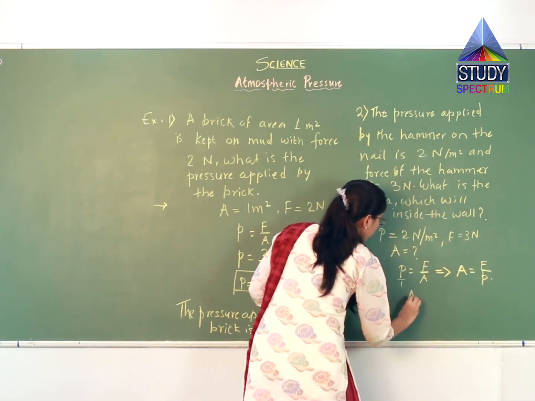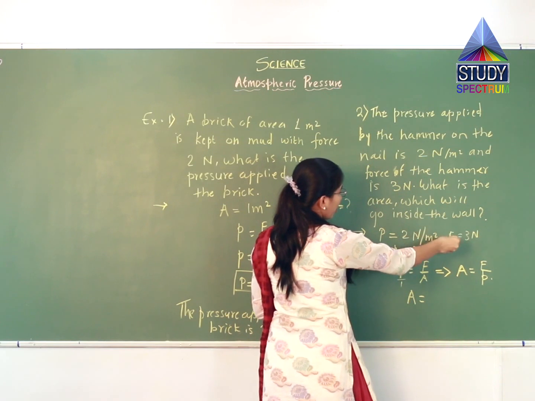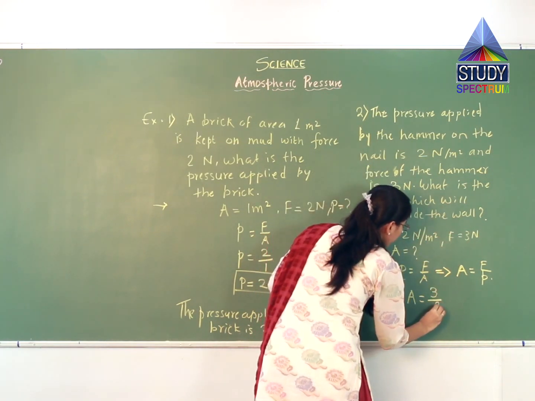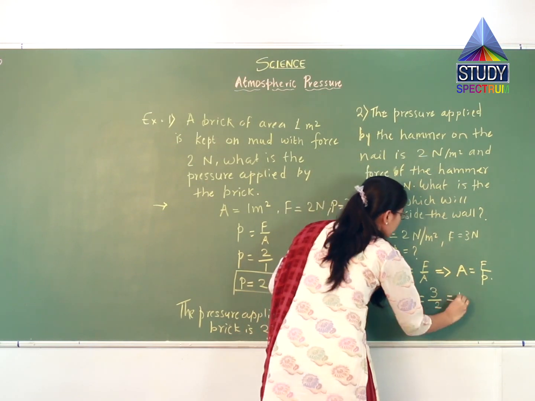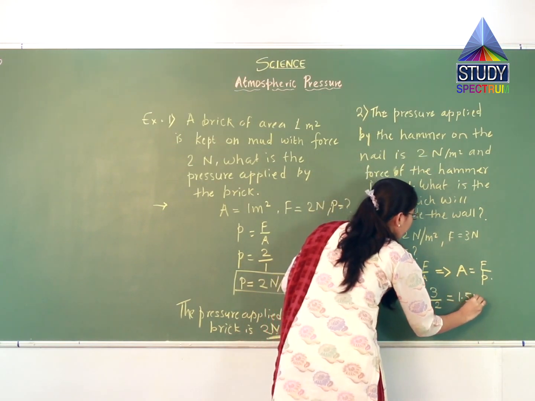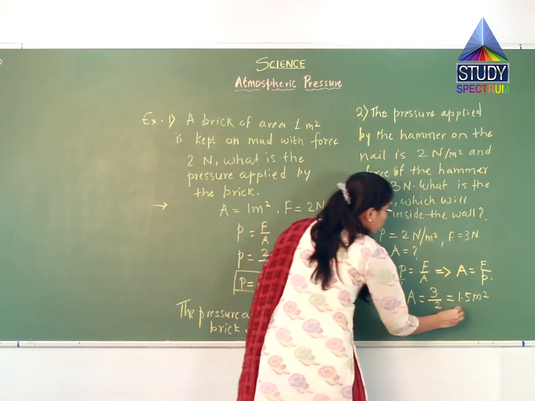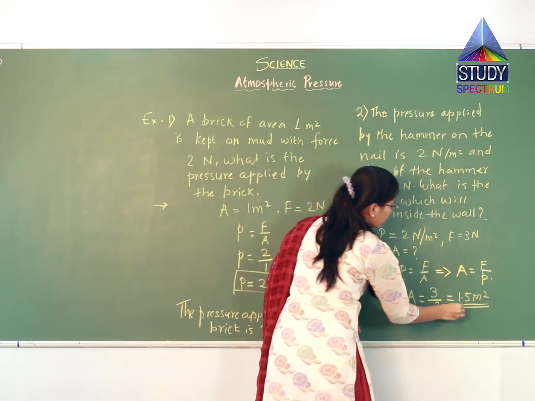So let us substitute the values. Here my force is 3 Newton, pressure is 2 Newton per meter square. So the answer will be 1.5 meter square. Don't forget to write the unit. So this is your answer.